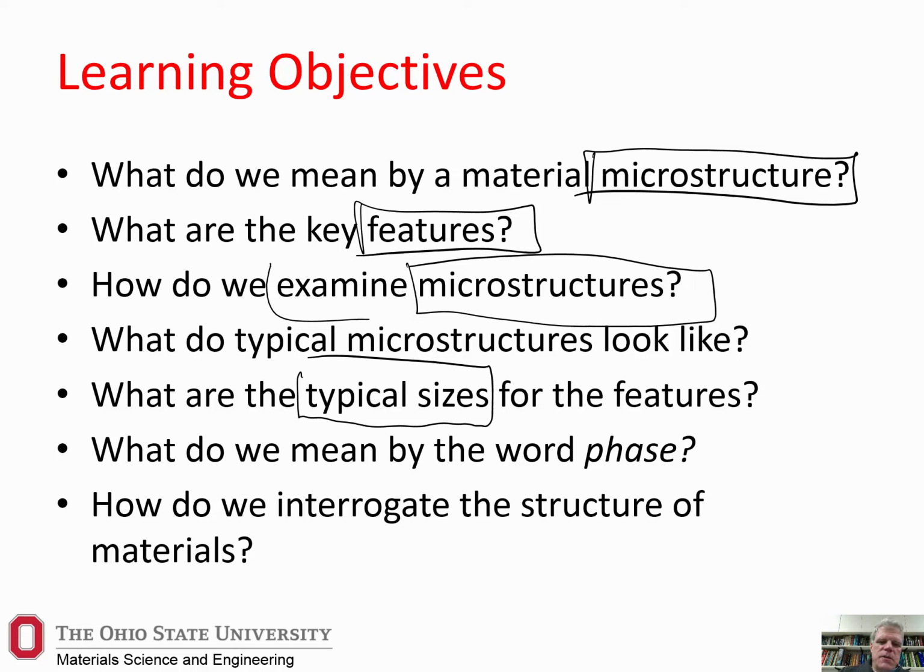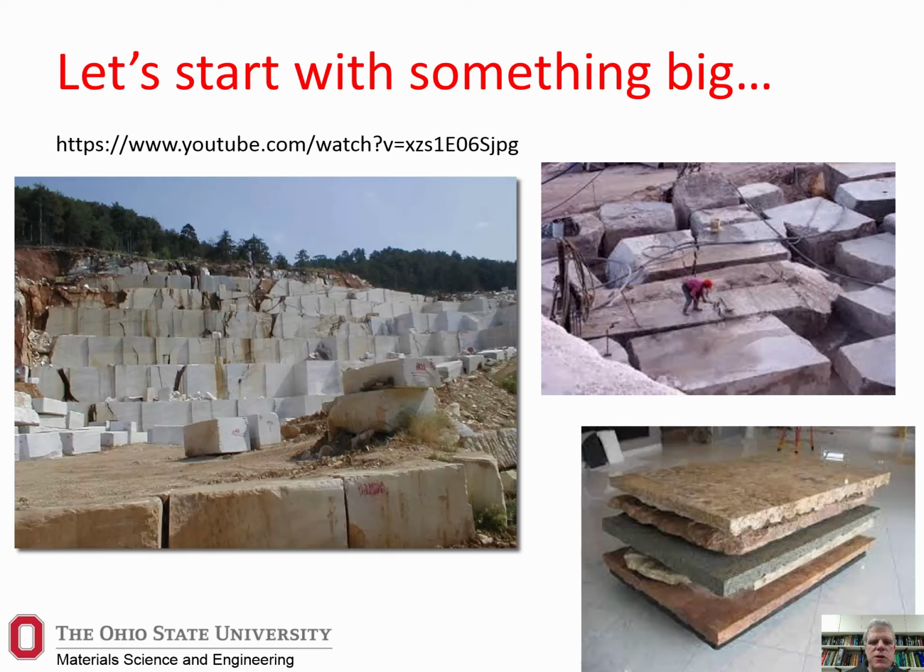We'll introduce a little bit of vocabulary, for example, the word phase, which is a very important word for material scientists. And we'll talk about how we interrogate that structure, how it comes about, and what we end up doing with it.